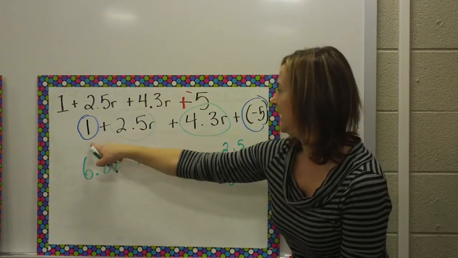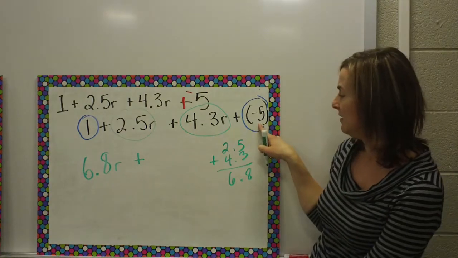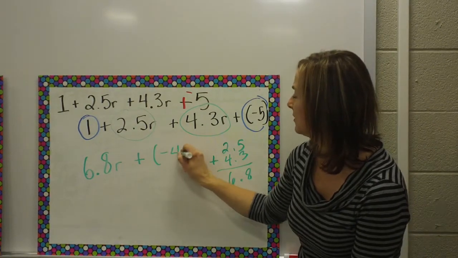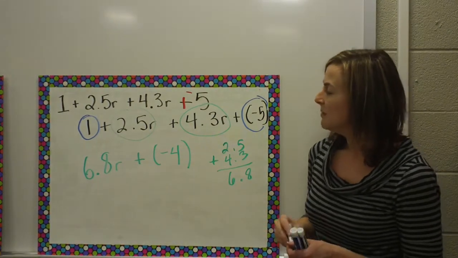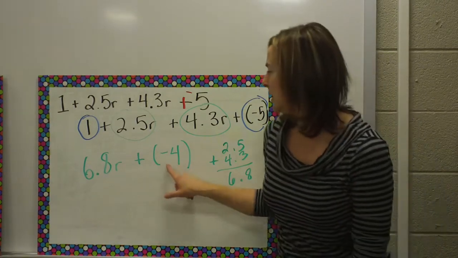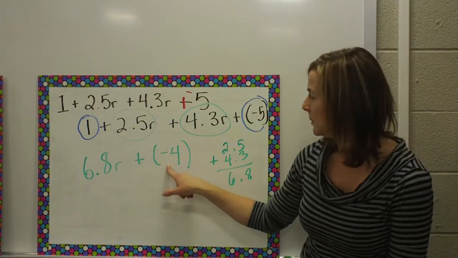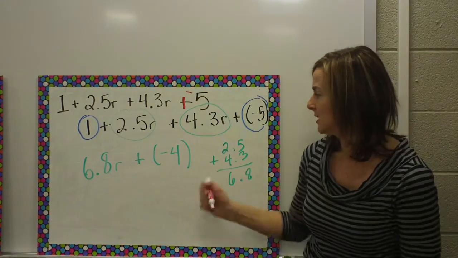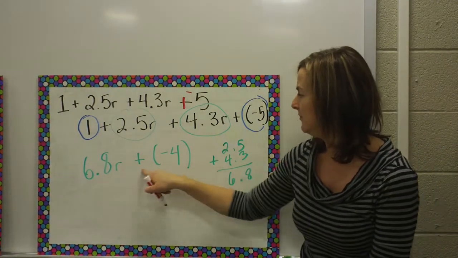And then I have my 1 and my negative 5. That's going to give me a negative 4. My very last step says, if needed, eliminate with KFC. So I want to get rid of these parentheses. So I'm going to put that subtraction back in because I don't want any parentheses. So I keep, flip, change.